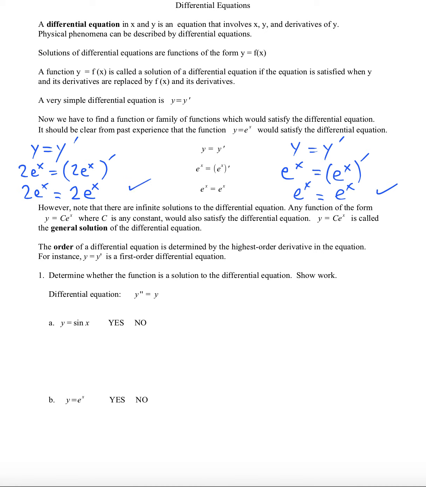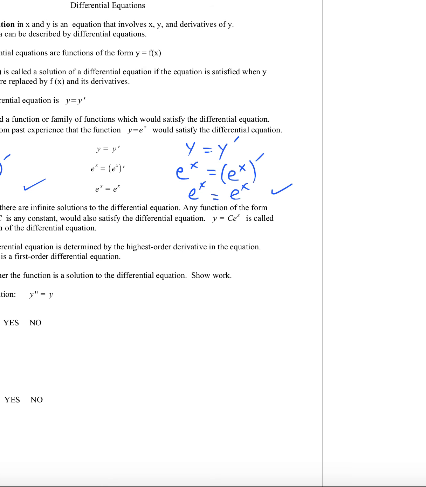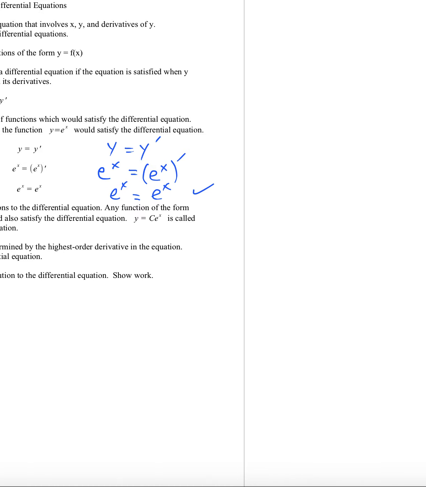And in fact, this would be the case for any number times e to the x. And that's why we'll write the general solution as y equals ce to the x. Over here, I'll try the same process with a c. C stands for a constant number.